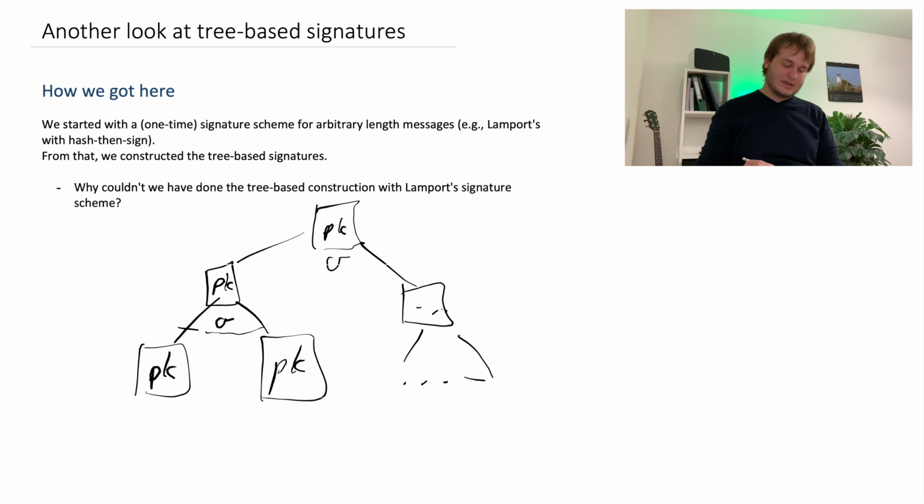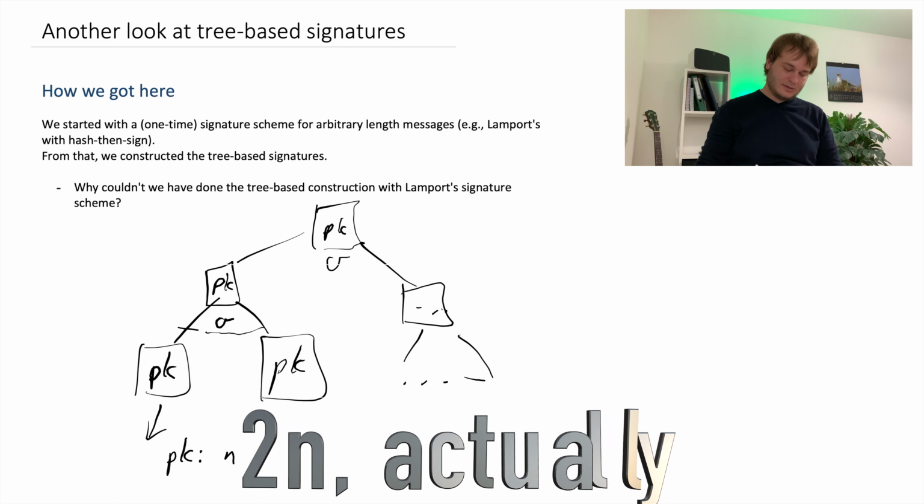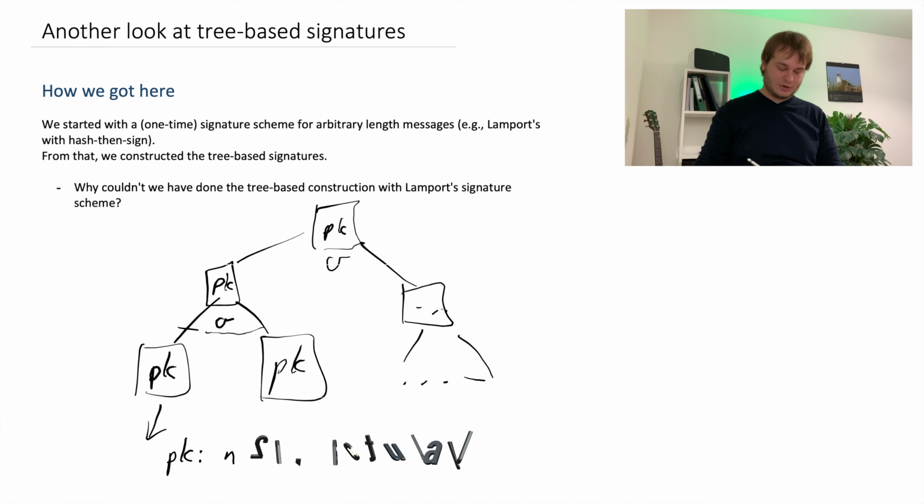So now if we were to use Lamport's signatures, these public keys are supposed to sign messages of length n. So for Lamport's scheme, this would mean that the public key consists of n images of the one-way function.